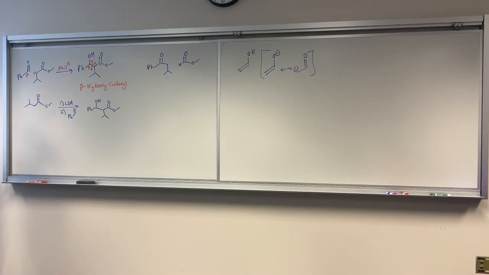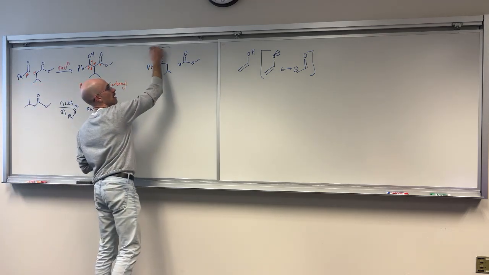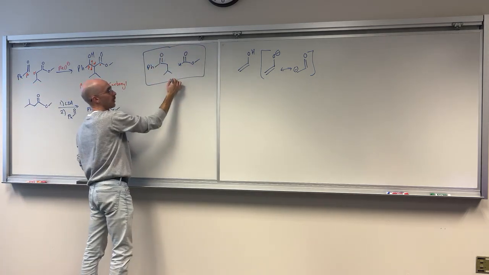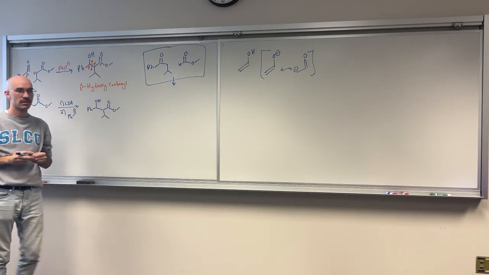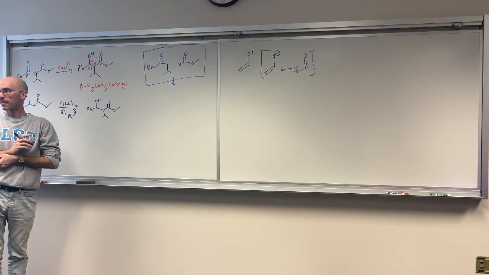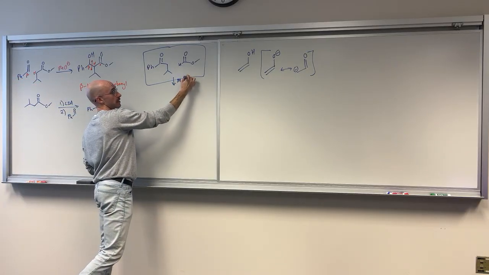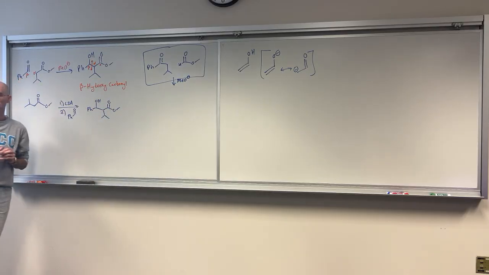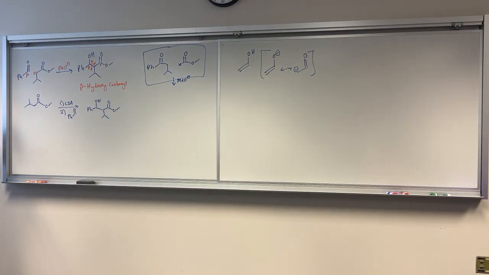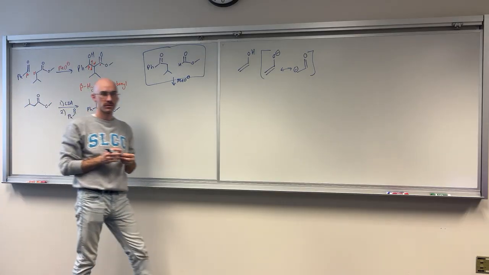No. If you have these reagents, and let's say you use that same base, methoxide, what do you get? Are there any acidic hydrogens in either of these compounds? Are there any alpha hydrogens?